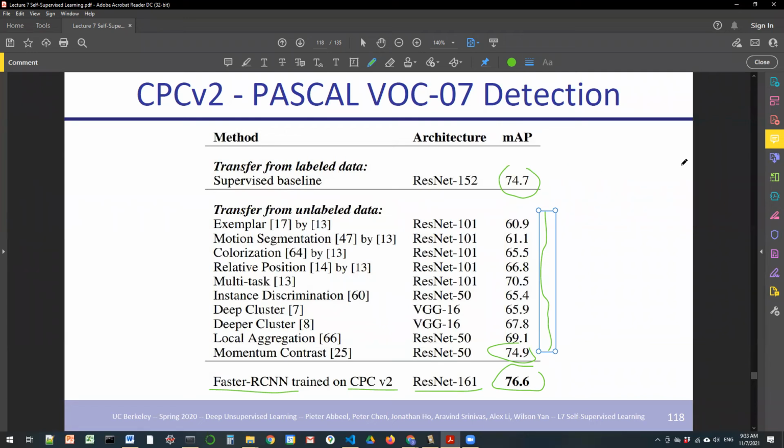So that was the big deal: for the first time, you were able to get better results than supervised learning on a transfer task such as object detection, which had not been the case until this paper came along.